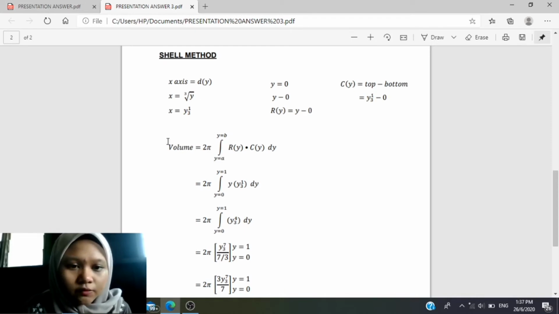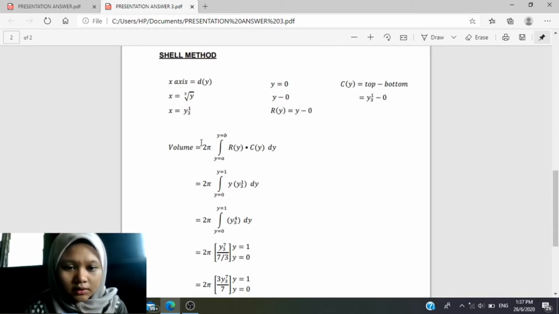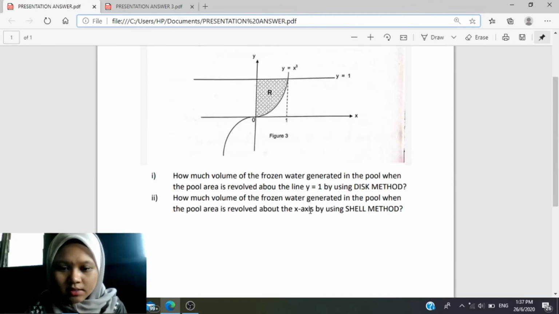This is the formula for the shell method: 2 pi, integral from y is equal to a to y is equal to b, of ry times cy dy. This is because we use dy, because we revolve about the x-axis here.